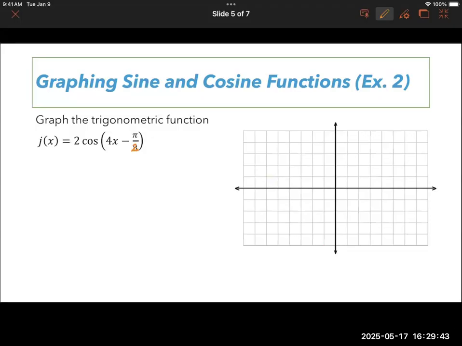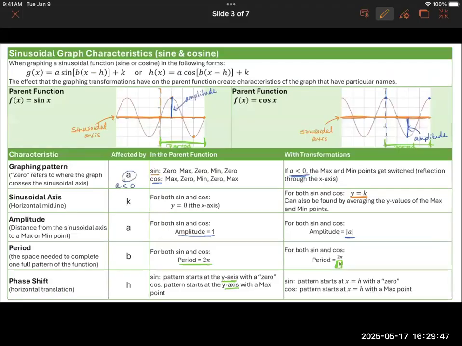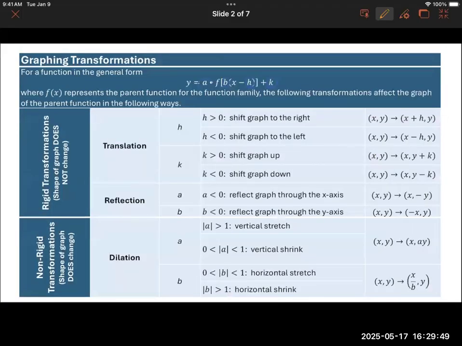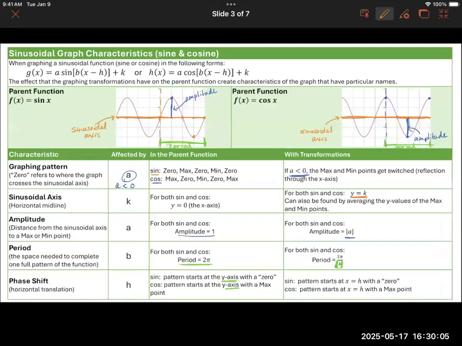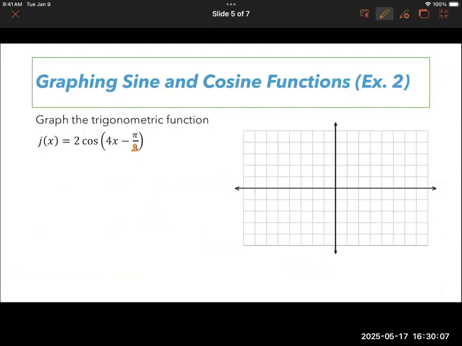If you go back to our general format for these transformations, you'll notice here that b is outside of the parentheses for x minus h. So before we start doing anything with our graphing, we need to make sure that our function is in that format.